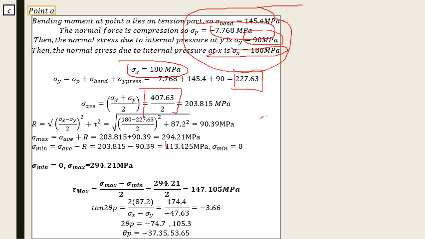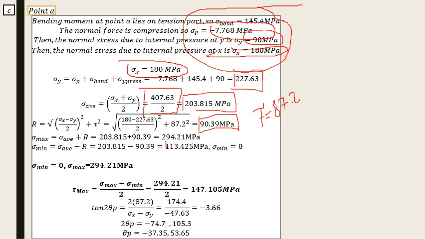Input the values for sigma x and sigma y, and I got this value. For R, the tau at A is 87.2, which is from the previous slide. We got this for R.